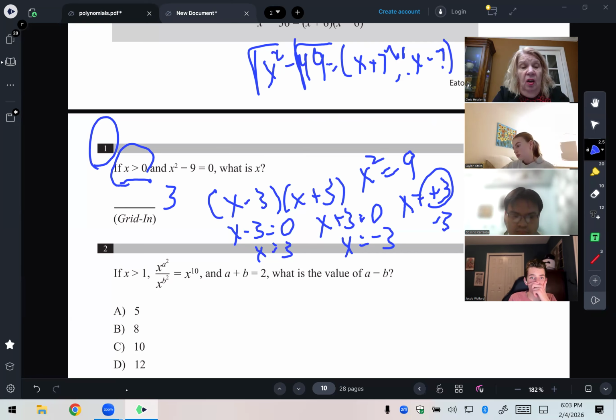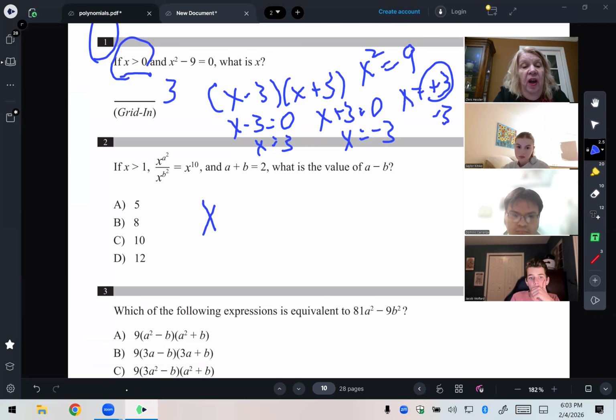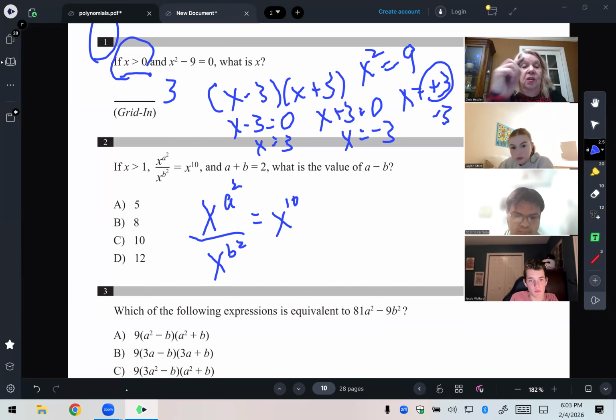Okay, this one's a little harder to see. I'm going to write it here so you can see. So we have x to the a squared over x to the b squared, and that's going to equal x to the 10th. So we did exponents last week. Can you see we have all the same bases?